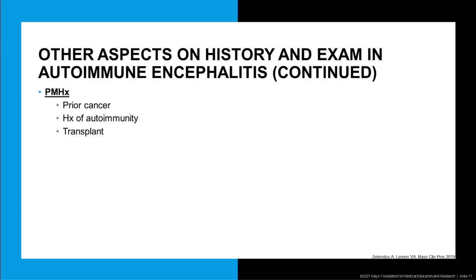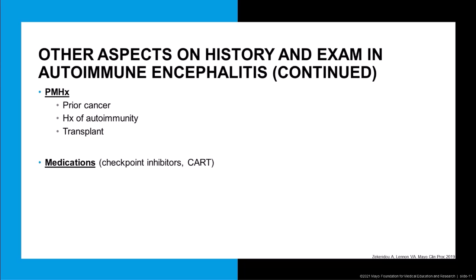It's also important to ask patients about a history of autoimmunity. If a patient has a history of Graves' disease, type 1 diabetes, other autoimmune conditions, then we might be more suspicious that they may have a concurrent autoimmune neurologic disease. Transplant, I'll talk a little bit about later. We found some cases of autoimmune encephalitis in the post-transplant setting.